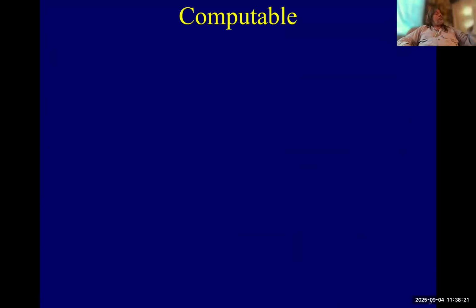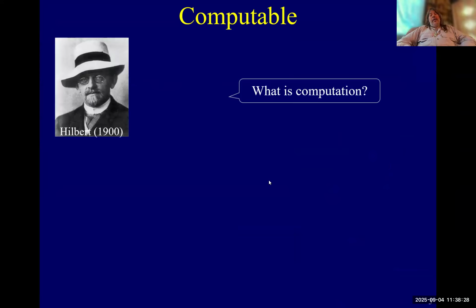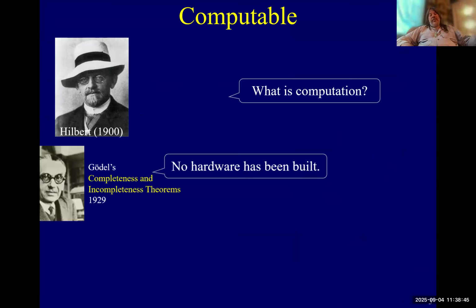This is, of course, on the theory of computation. Hilbert, in 1900 something, I don't know if that's when he gave his talk or when he was born, had a list of questions and he asked what computation is.